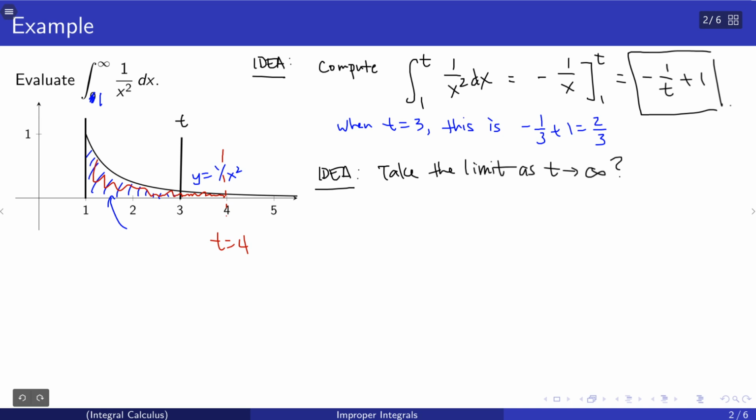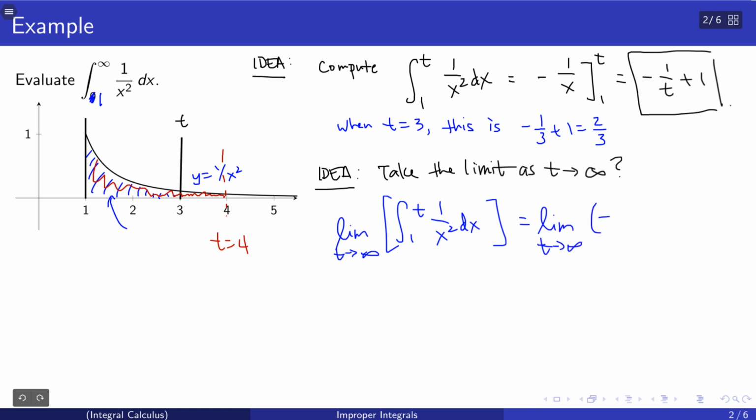So let's do that: the limit as t goes to infinity of this integral, which gives me minus 1 over t plus 1. As t goes to infinity, the first term goes to 0, and I simply get the number 1.